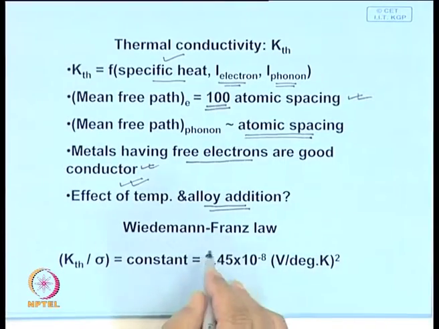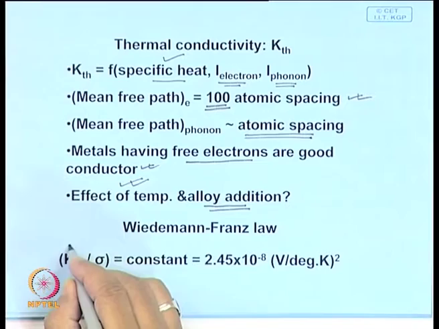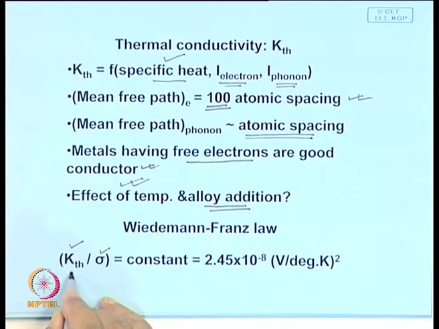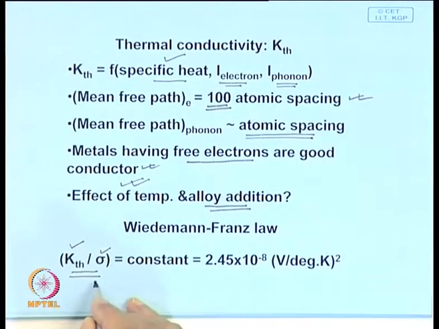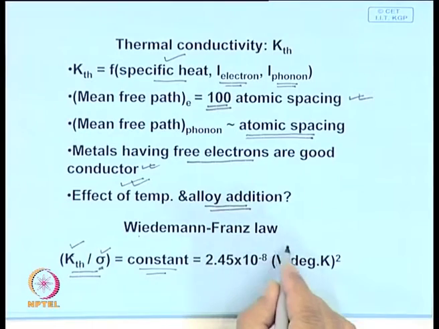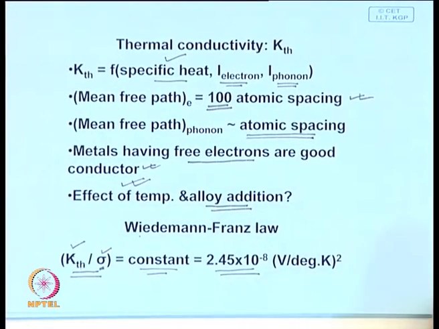It will be interesting to see the relationship between thermal conductivity and electrical conductivity, because in both cases the electron is the charge carrier. In fact, if you look at the ratio of thermal conductivity and electrical conductivity for most metals, we will find that it is a constant, known as the Wiedemann-Franz constant, and its magnitude is given here.